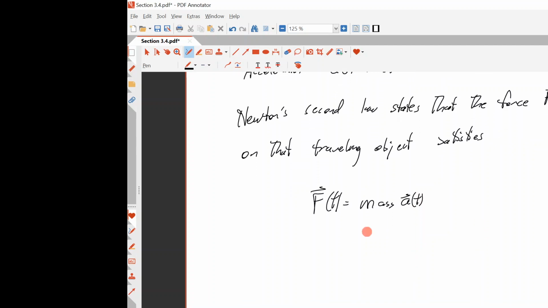So 1 over the mass times the force is equal to the acceleration vector function.